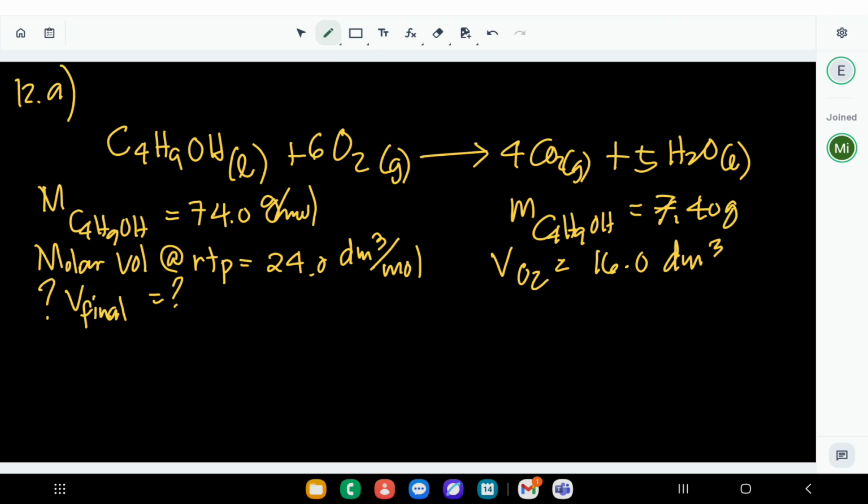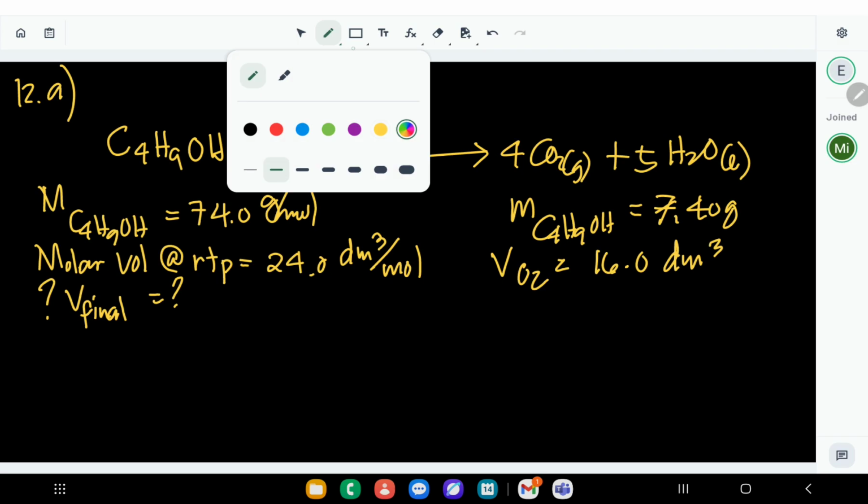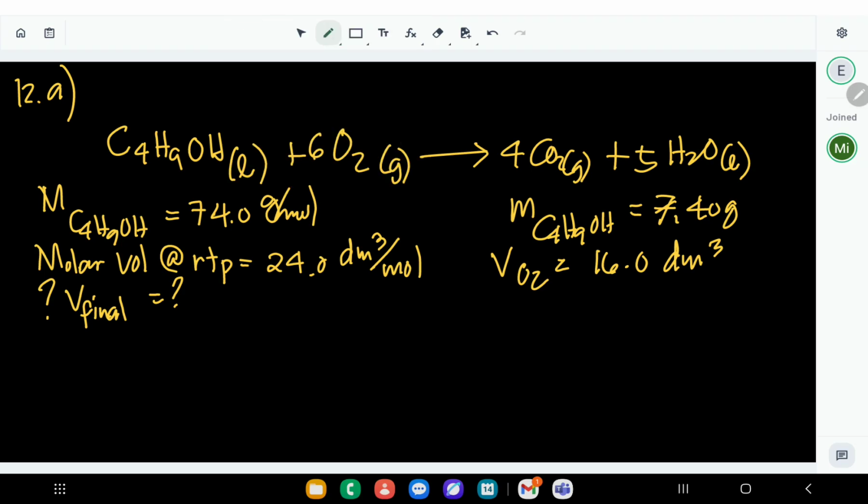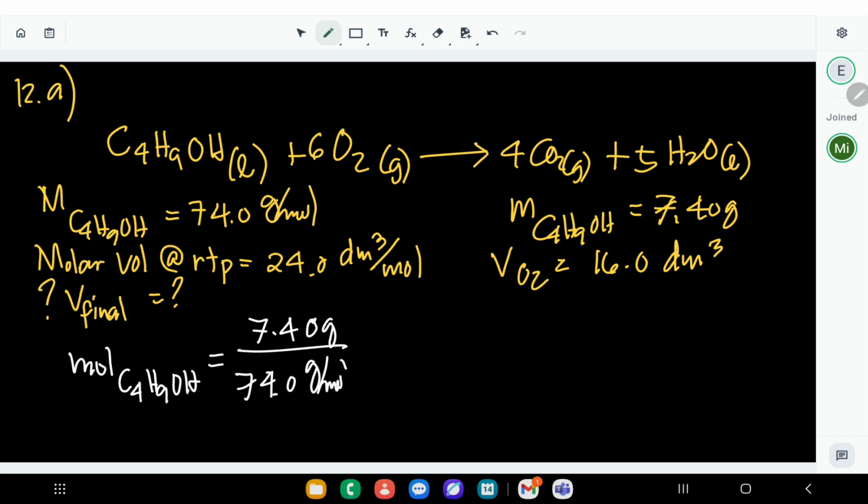Since we're given here the mass of butanol, we can calculate its number of moles from the molar mass and mass, so we divide the mass. Mole butanol, C4H9OH, is just 7.4 grams divided by 74.0 grams per mole. So this is the number of mole of butanol, 0.100 mole butanol.